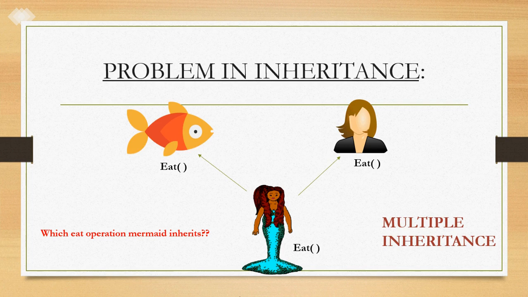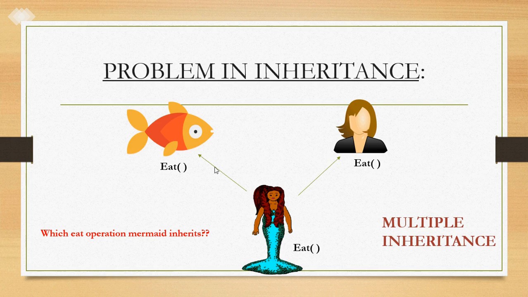Now mermaid is confused about which eat operation it takes from which parent class. Mermaid has eat, but does it take eat from its fish parent class or from its woman parent class? So here I wrote, which eat operation does mermaid inherit? This is multiple inheritance, which we will sort out later when we talk about interfaces. Okay, I hope you are clear about this.